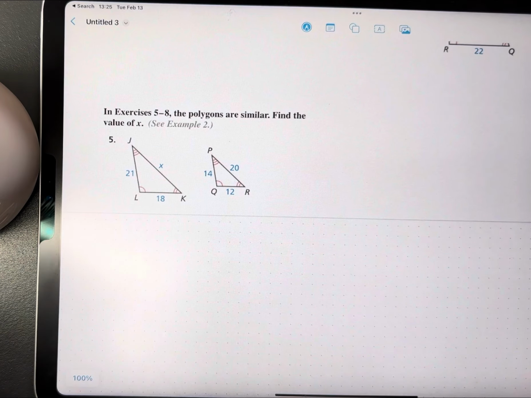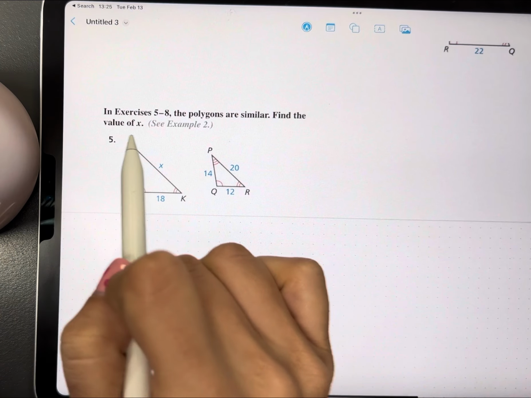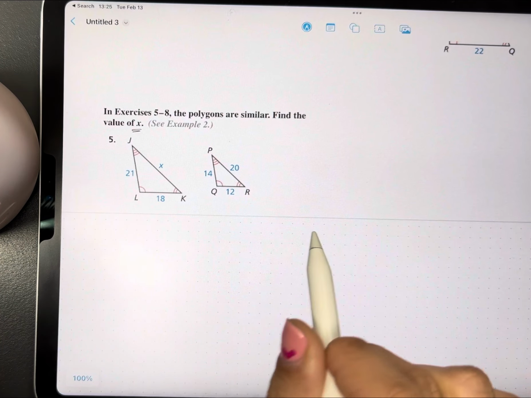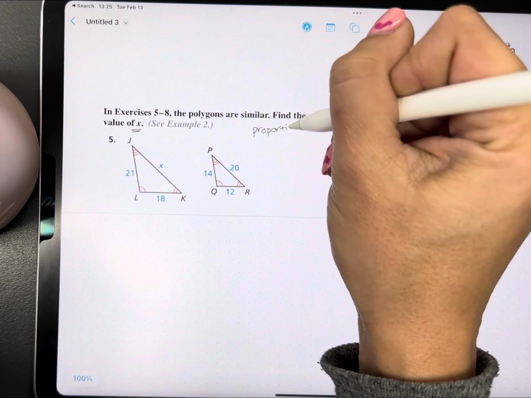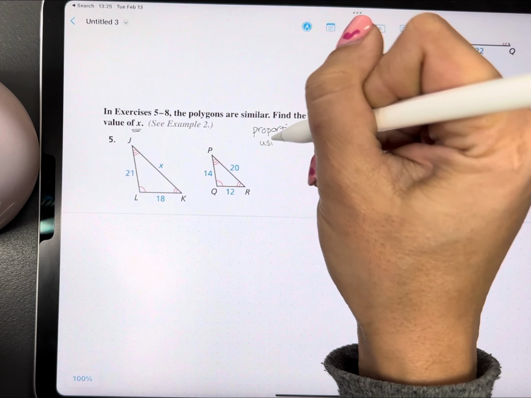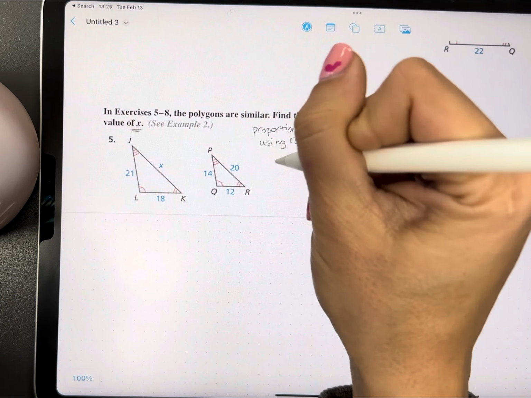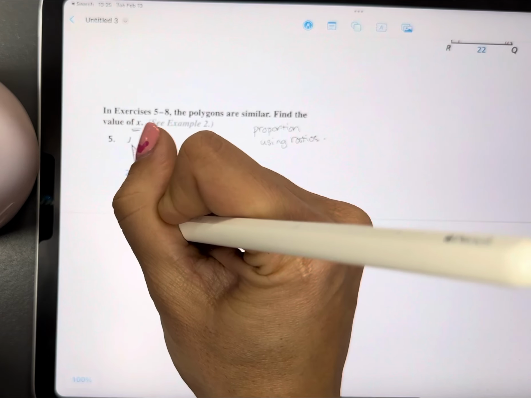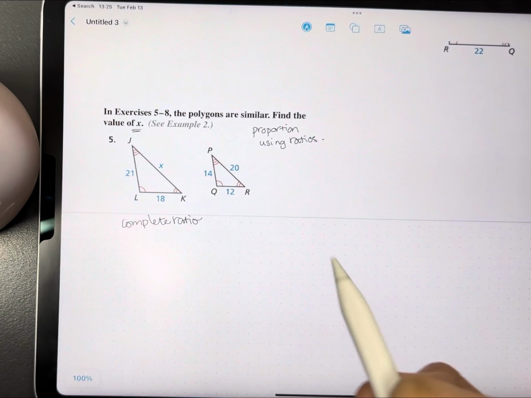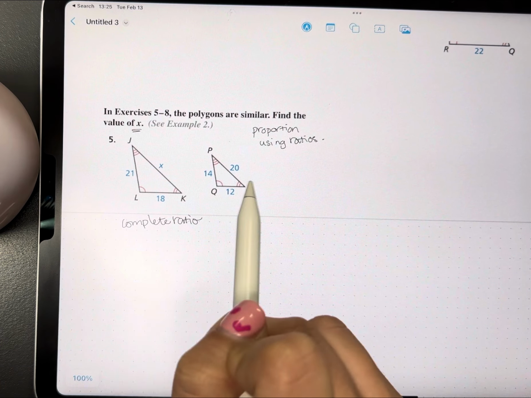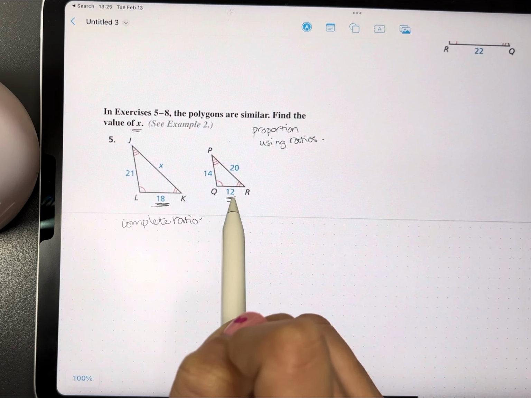Number 5 tells us that these guys are similar, and it wants us to find the value of x. So once we know they're similar, we need to set up a proportion using ratios. First, I want a complete ratio. So, for example, I want a side, and then the corresponding side, I want to know both.